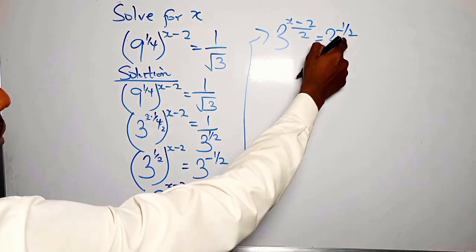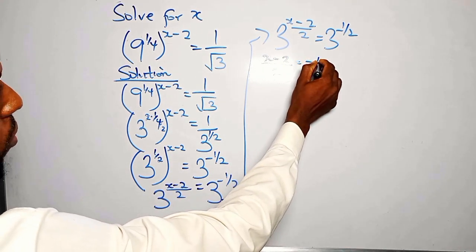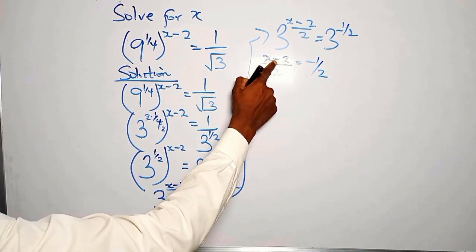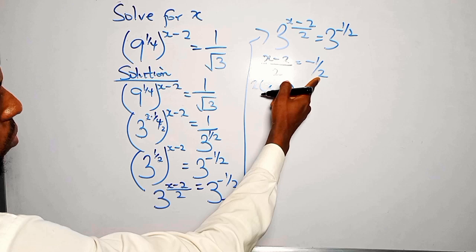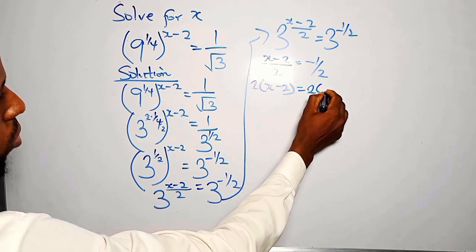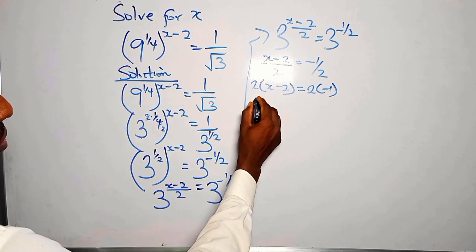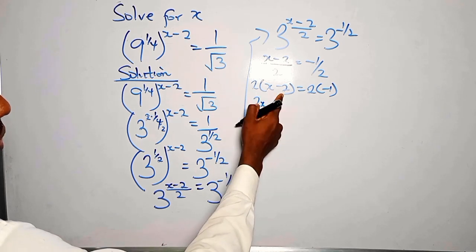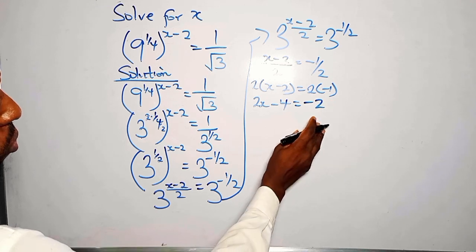So we take the power, so we have x minus 2 divided by 2 equals minus half. So we cross multiply, so we have 2 into x minus 2 equals 2 into minus 1. So when we open up, 2 times x is 2x, 2 times 2 is 4, 2 times minus 1 is minus 2.